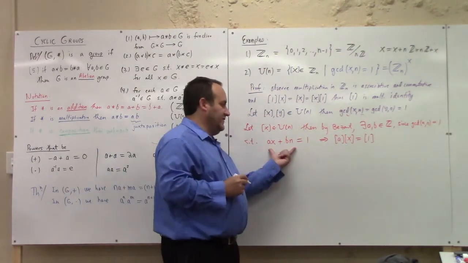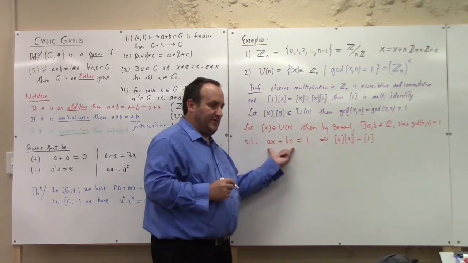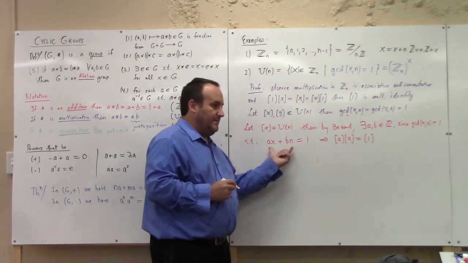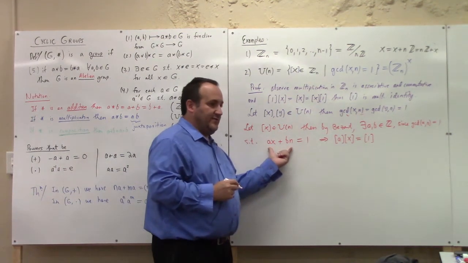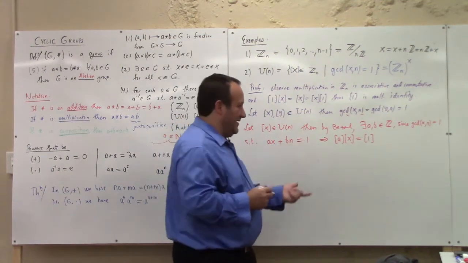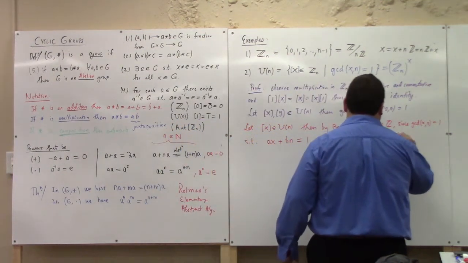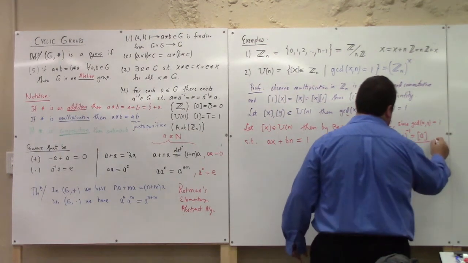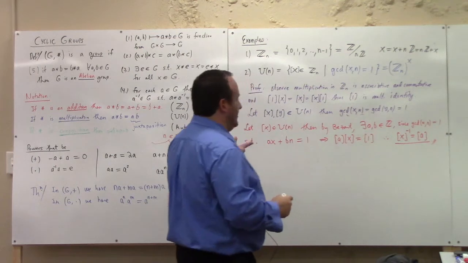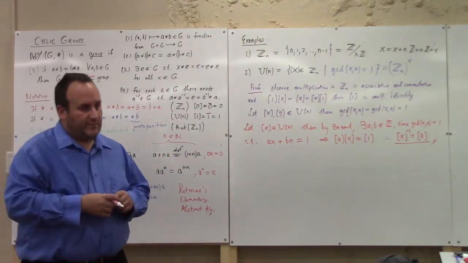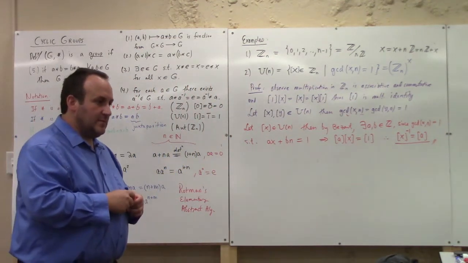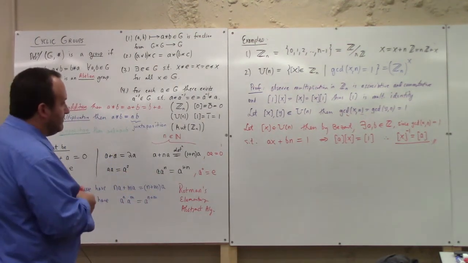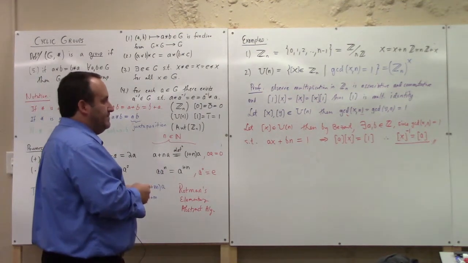Because when I take the equivalence class, the multiple of n gets absorbed into the equivalence class by our work in the previous class. So that simplifies to the class of a times the class of x. But that implies the equivalence class of x inverse is nothing more than this one right here. But x was arbitrary. Therefore, the group of units is closed under inversion. So the group of units is a group. All right?